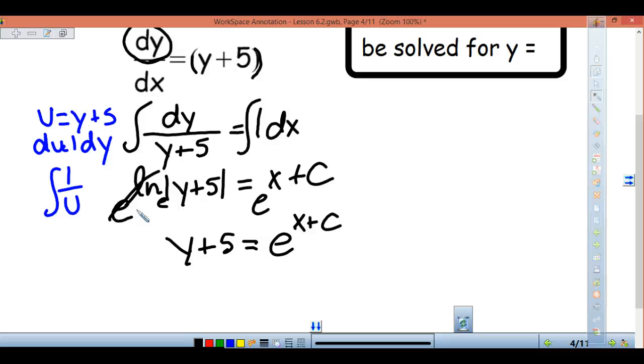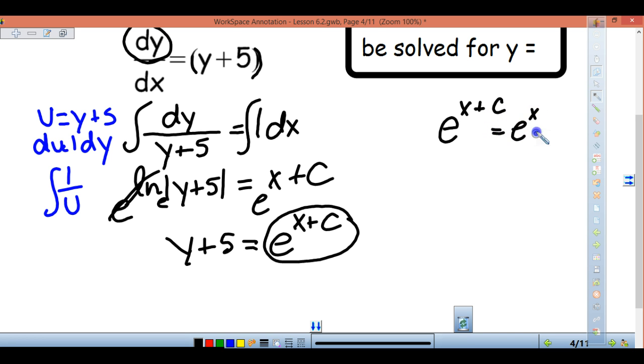So we want to talk a little bit about some simplification here. This is a common technique that's used in this lesson, and we'll review it again, but the plus c isn't real easy to solve for when it's up in the exponent. So I'm just going to explain how they treat that over here. Remember when we add exponents, that was the same as a product. So that would be the same as e to the x times e to the c. Well, this is still some constant.